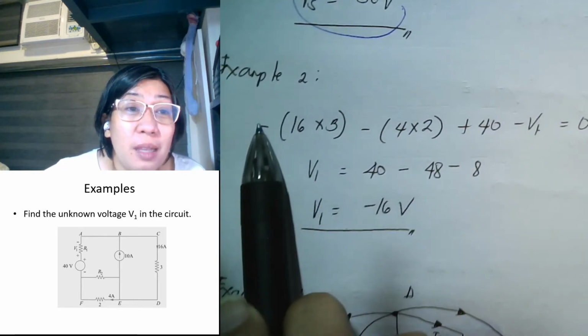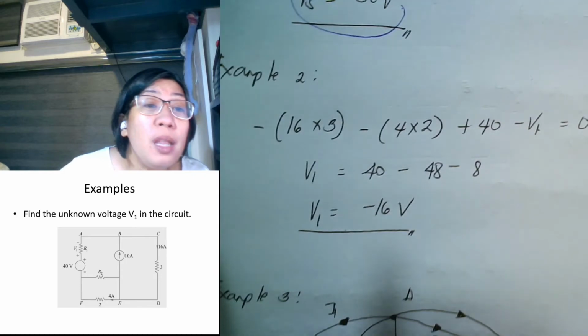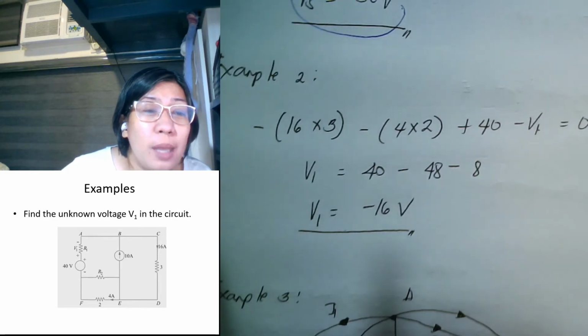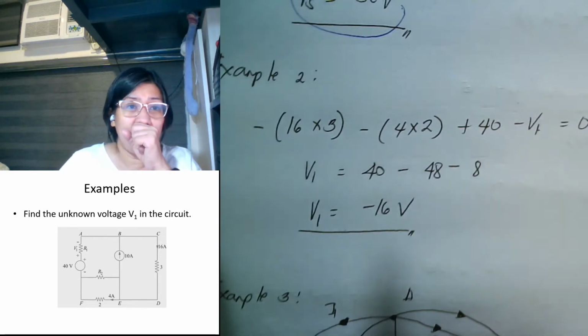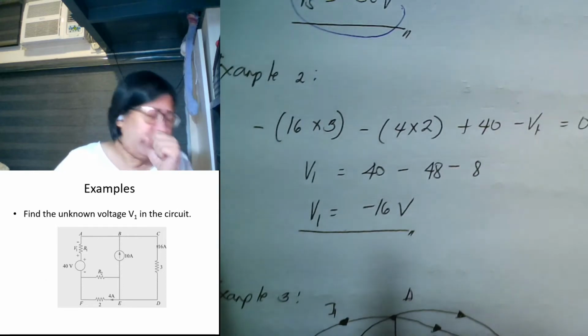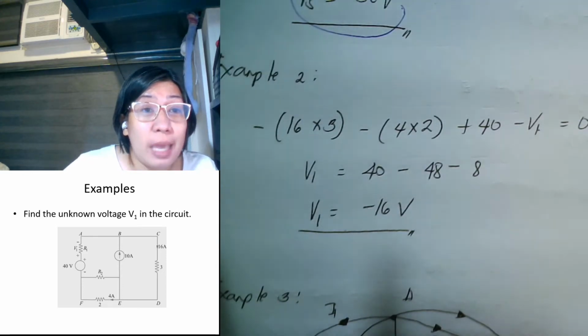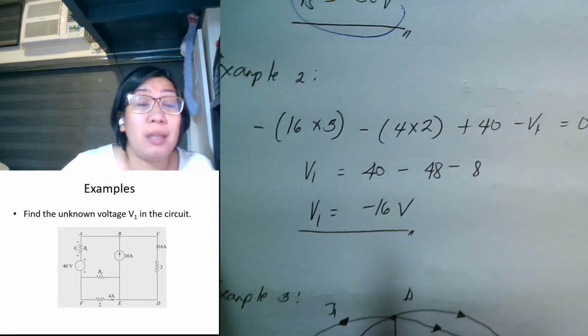Why do we have a negative sign here? Because your current passes here, so this becomes positive and this is negative. Our loop is clockwise, so it leaves the loop at the negative side. Therefore we have minus 16 times 3.